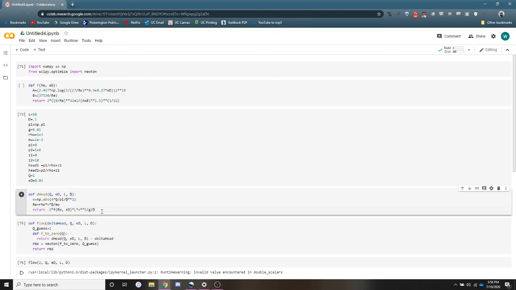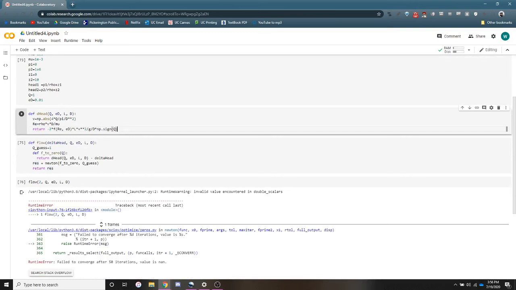So all we need to do is multiply by the sign of the flow rate, because right now it's still negative, but we're making it positive, so we need to make it negative again here. So we just multiply by np.sign of q. So here this retains the same sign.